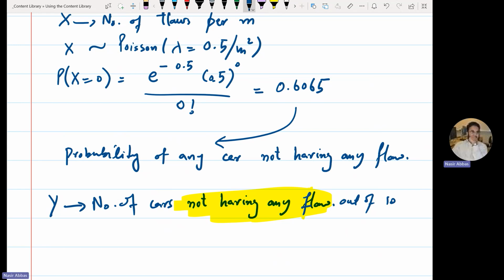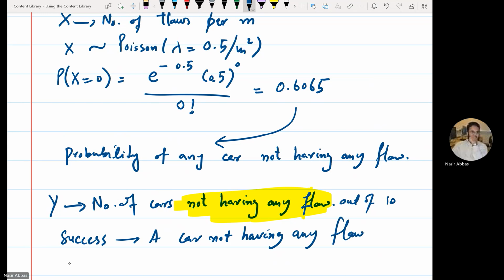And the probability of success, you found it. It was not given to you. You found it using Poisson. What was that probability? What is n?